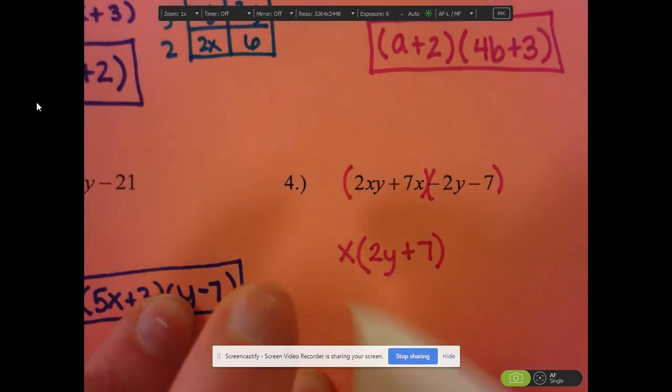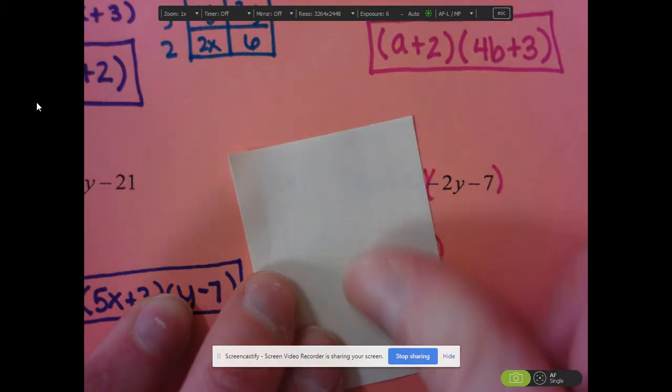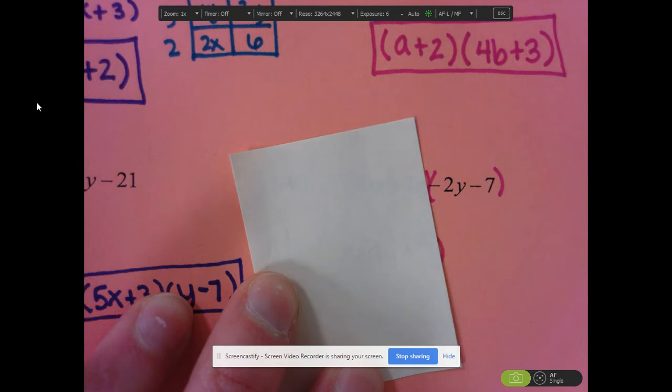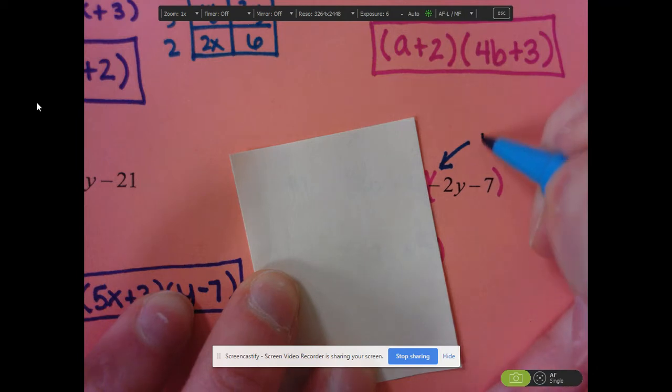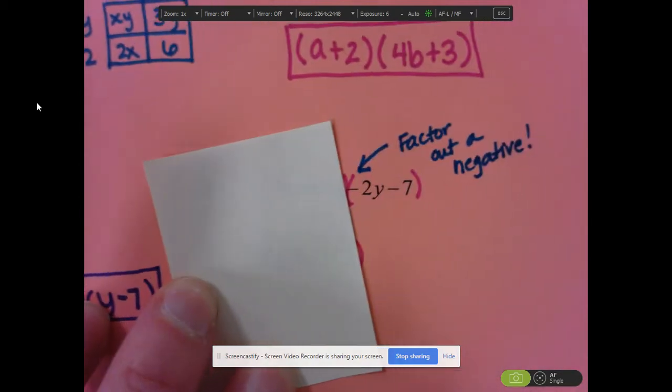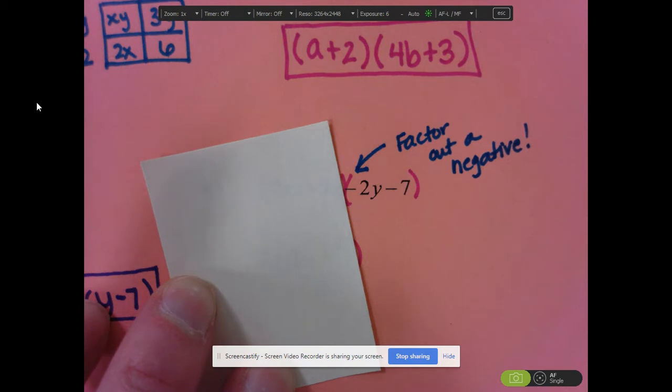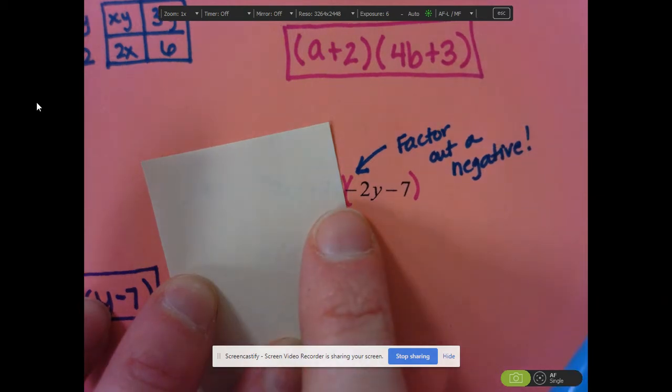All right, now here's where we have to pay attention. The minus sign at the beginning of this group means you have to factor out a negative. If you do not factor out a negative, you're not going to see the correct answer. So those signs are ridiculously important.